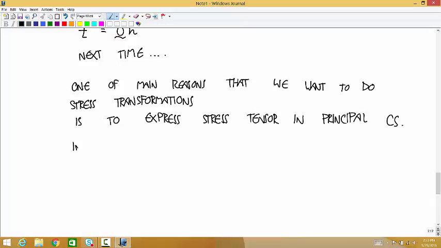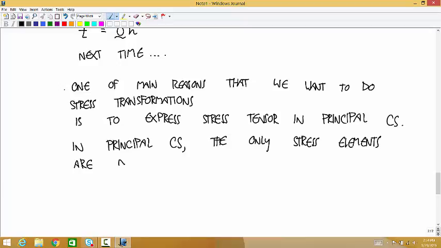In the principal coordinate system, the only stress elements are normal stresses. So there's no shear stress.